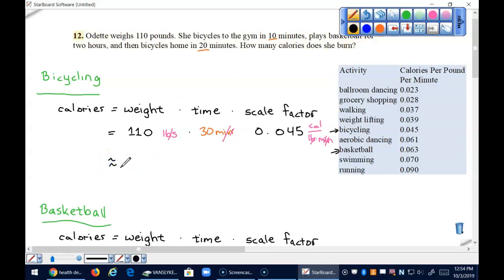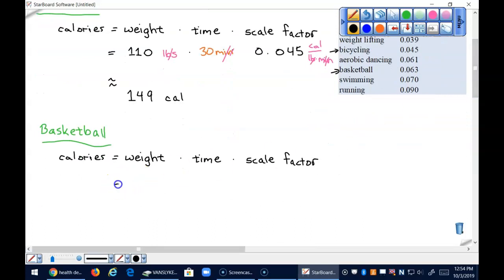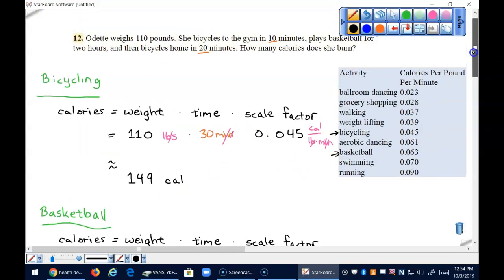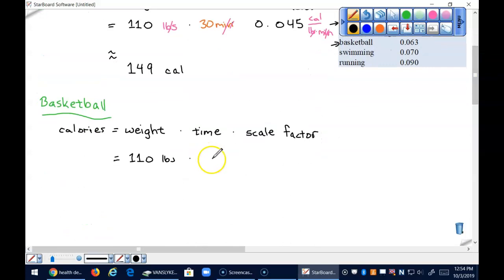Okay, 110 times 30 times 0.045. This one is 2 hours, so 120 minutes.